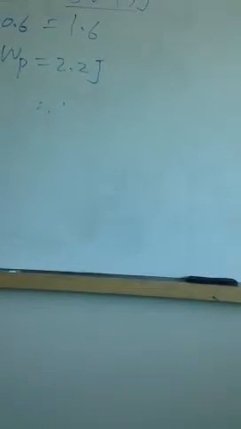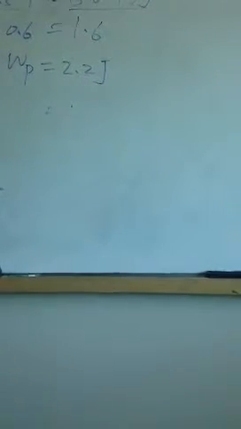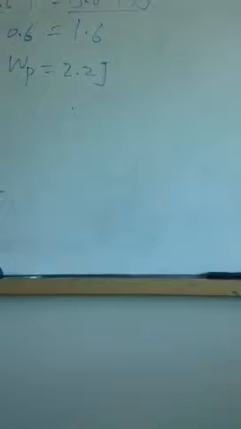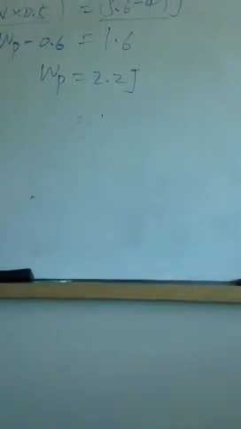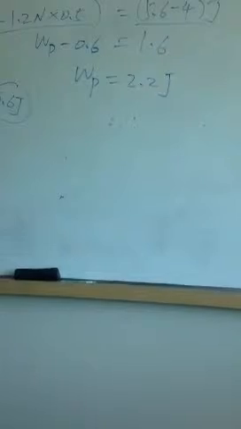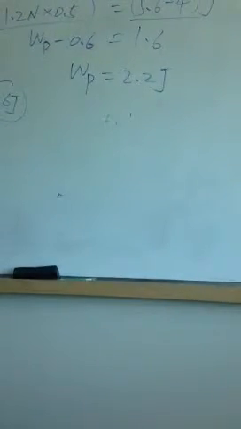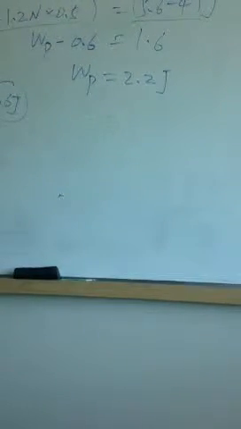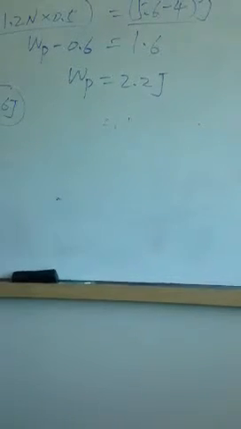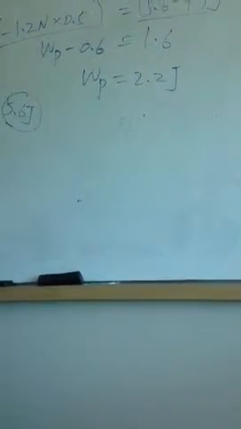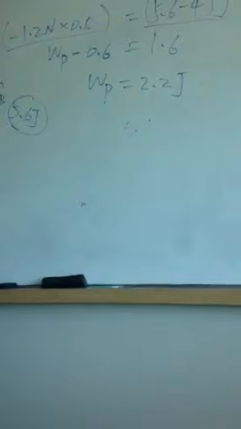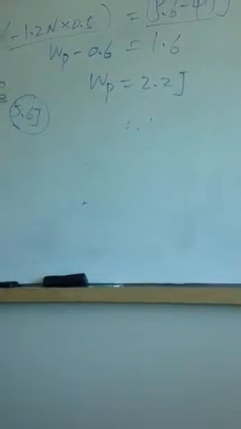5.6 minus 4? Yeah. So 5.6 is the energy in the end, and 4 is the energy at the beginning. So 5.6 minus 4 should be the change of the energy. And 1.2 times 0.5 is the work done by the friction, right?